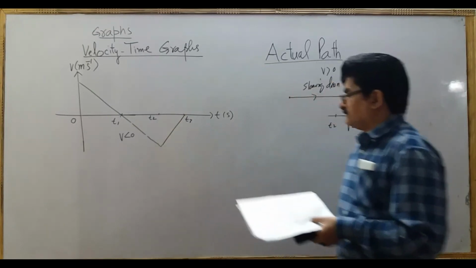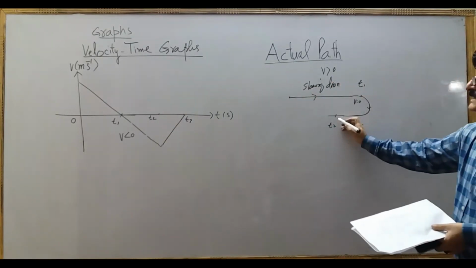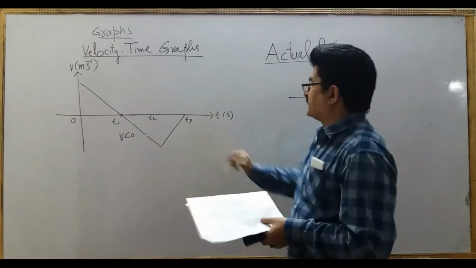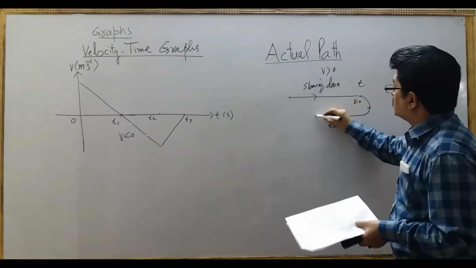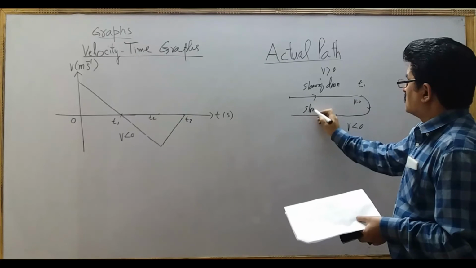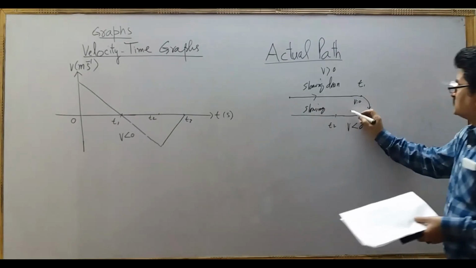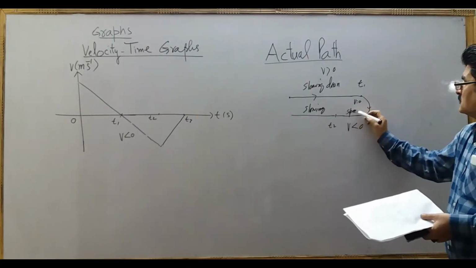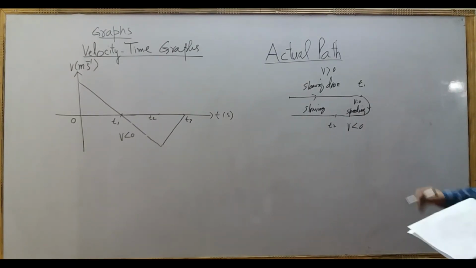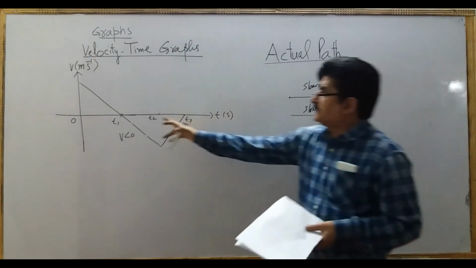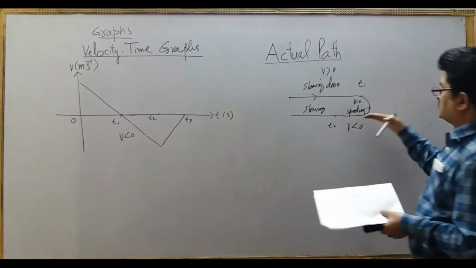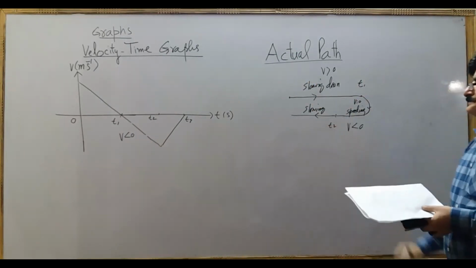Up to time t2 the velocity is negative, and after t2 the velocity is again negative, but now it is slowing down. Here it was speeding up: between t1 and t2 the speed is increasing, but the velocity is negative because it is moving in the left direction.